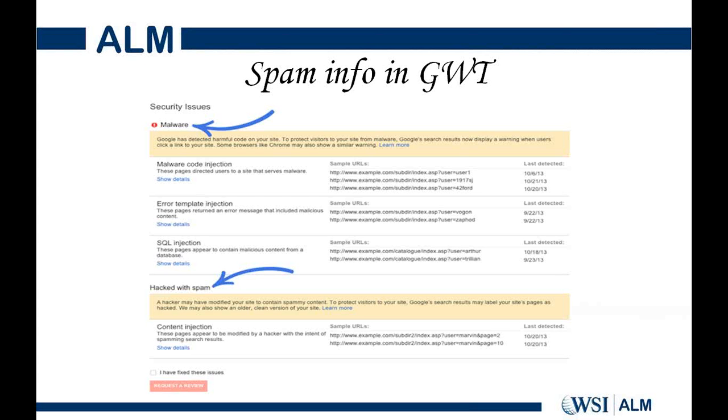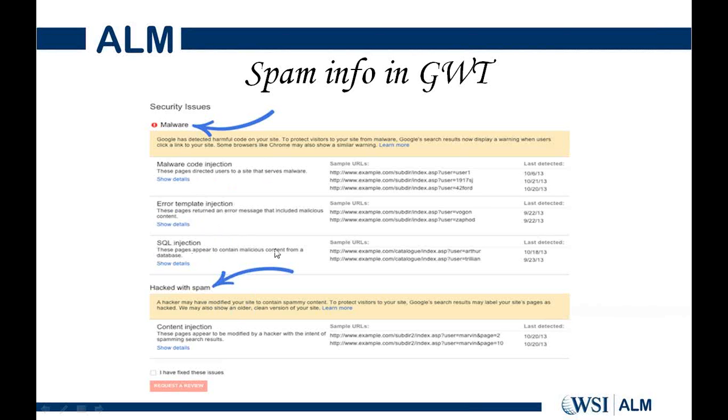So now Google has responded to feedback. In the Google Webmaster Tools console, as opposed to just making a one-line comment saying there's malware detected with your website, there's a security issues tab that's been set up. If you click on security issues, it now gives you accurate information on what the malware is, where it is, what the pages are, and what the issue is, whether it's a code injection, a template injection, a SQL injection, or if you've been hacked with spam.